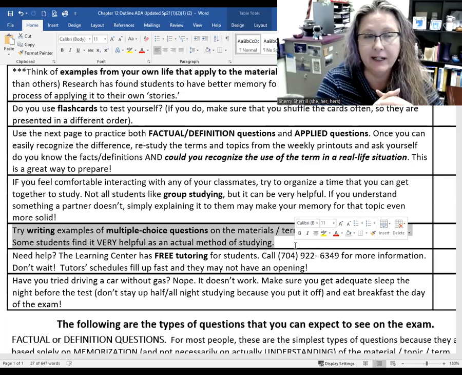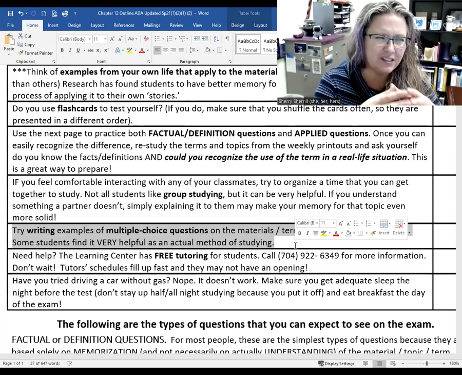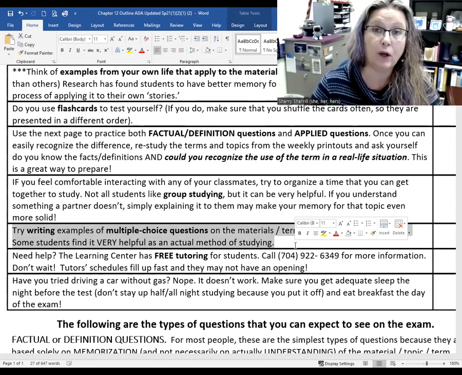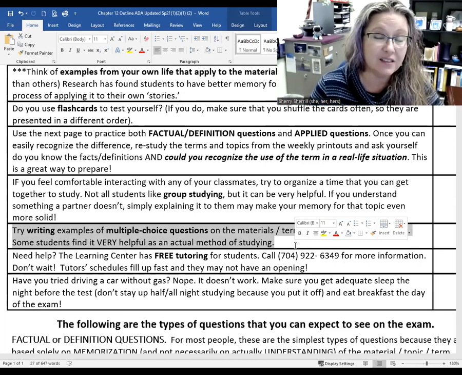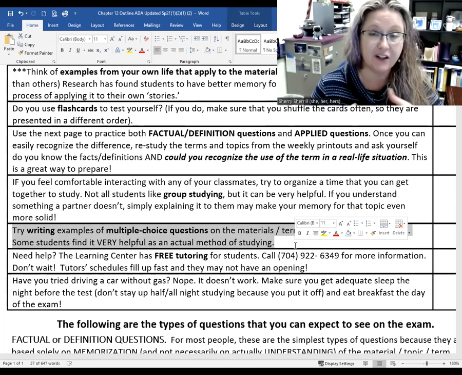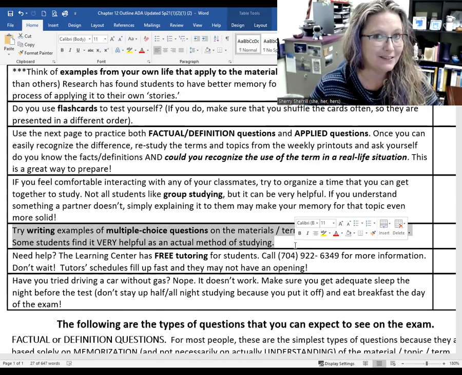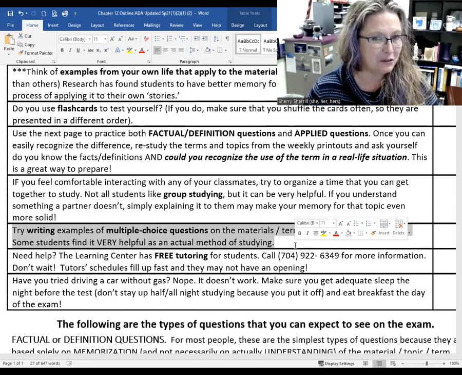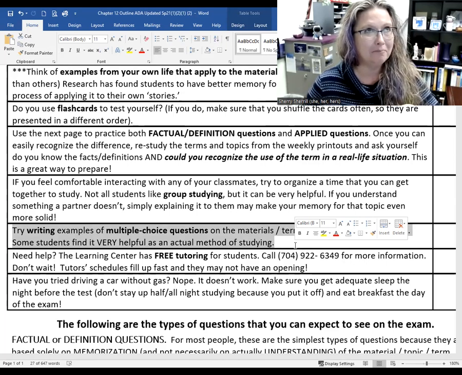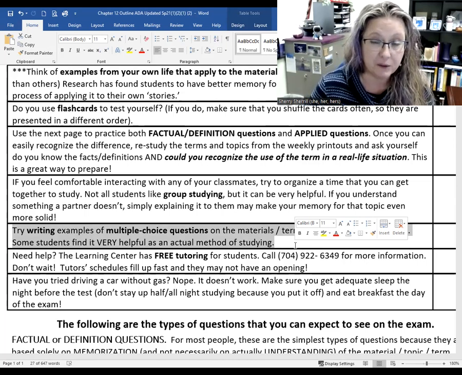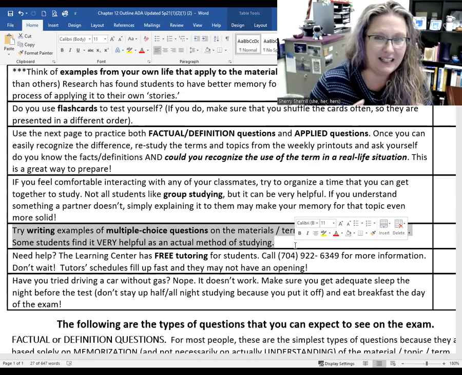The key here is you have to put just as much thought into the answer options as you do the questions themselves, because it's frequently the answer options that kind of throw us. I don't believe in trick questions. So most of the time, if you think you've come to a trick question, it may be that there's some confusion there. I don't ever purposefully try to, oh, let's see if they can figure this out.